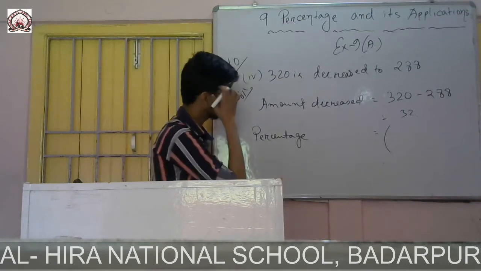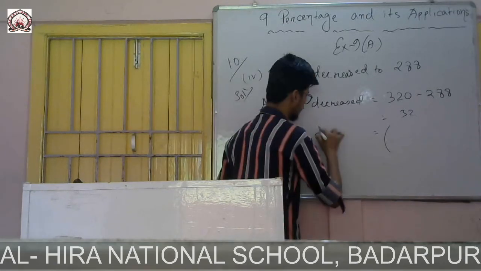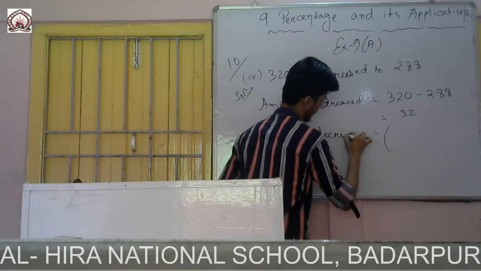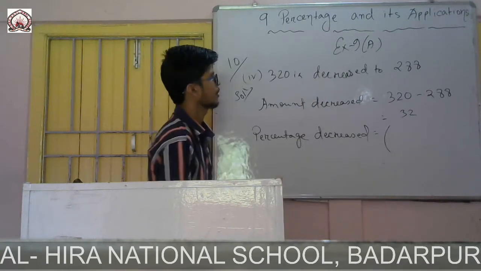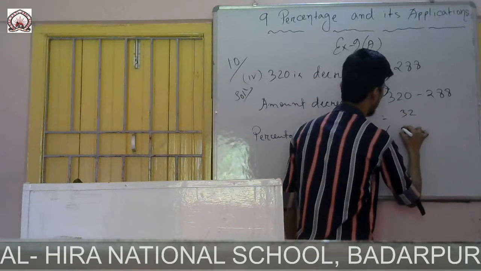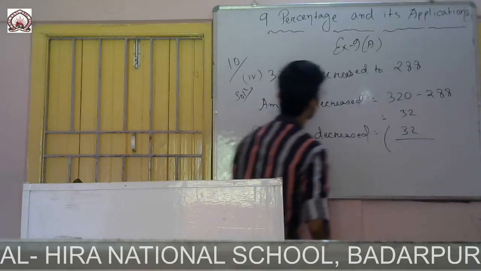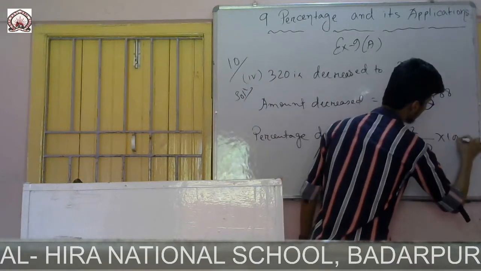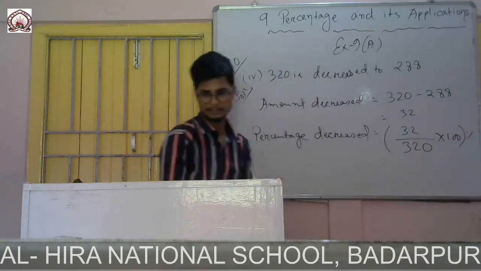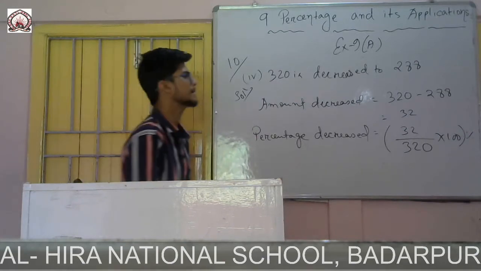So now you will find the percentage decreased. Amount decreased, how much? 32. What is the original amount? It is 320. And I am finding the percentage, so I will multiply it by 100. 32 by 320 into 100.